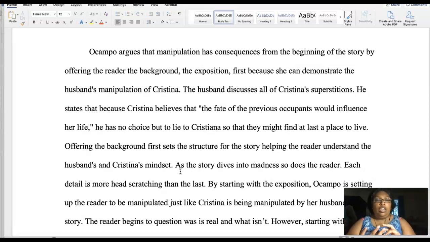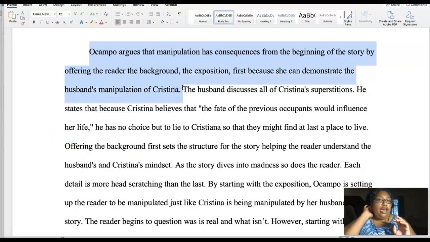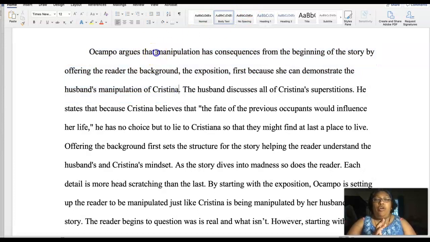So getting started, of course, we're going to start with the topic sentence here. And the topic sentence talks a little bit about the argument. And her argument, although it was not as strong as I would like it to be, was arguable.